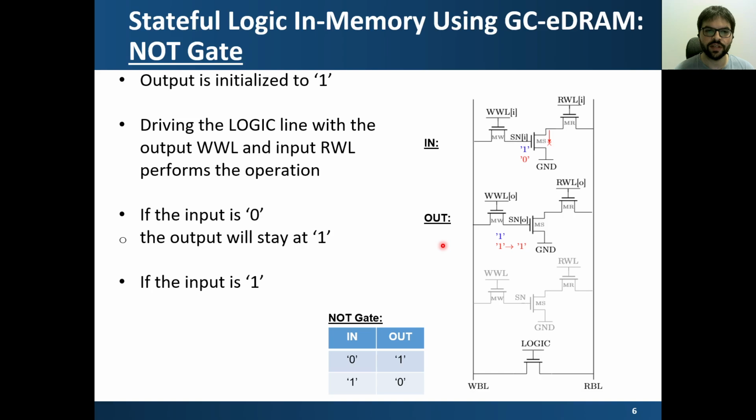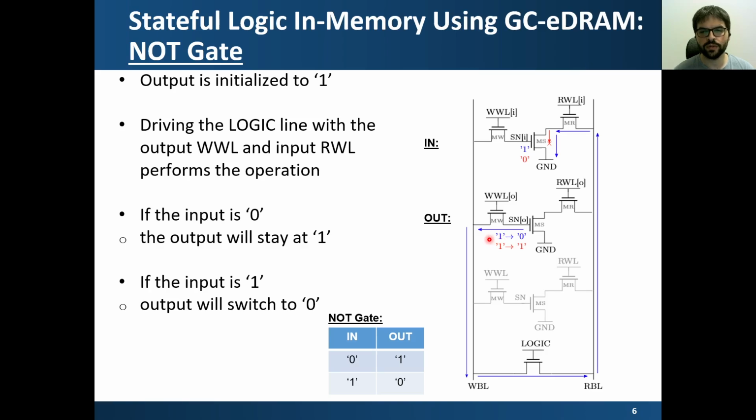Opposite to that, if the input is logical 1, then there will be a conducting path from the storage node of the output through the transistor of the input, and the storage node of the output will discharge to 0.